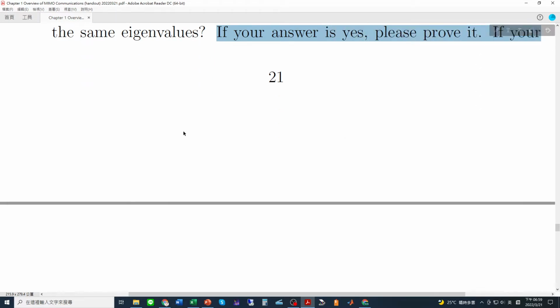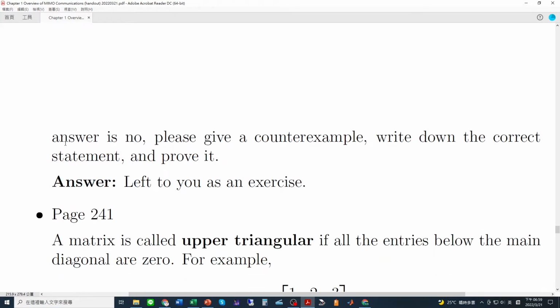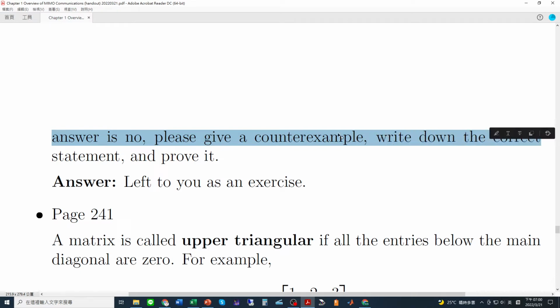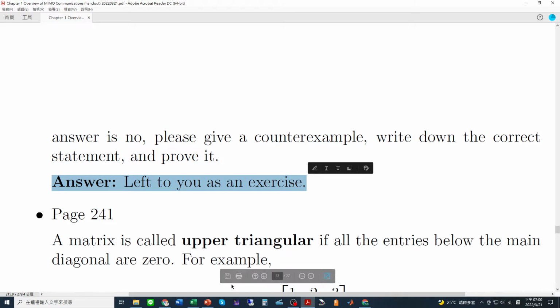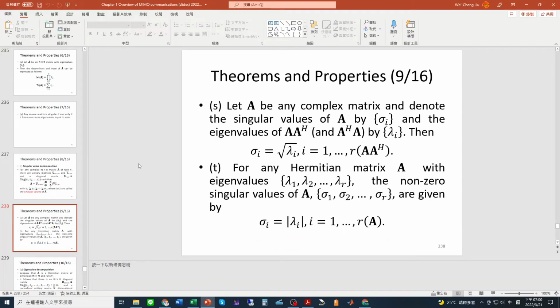If your answer is no, please give a counterexample. Write down the correct statement and prove it. Answer left to you as an exercise. Okay.